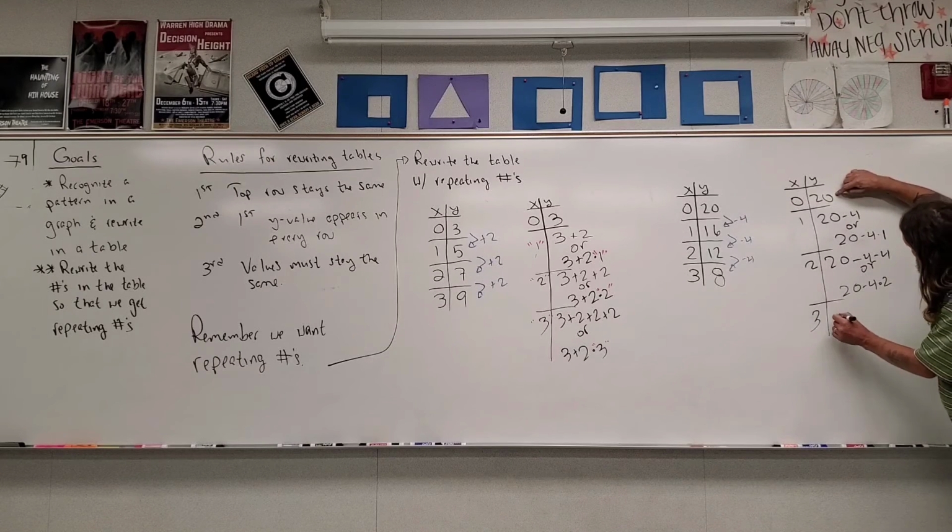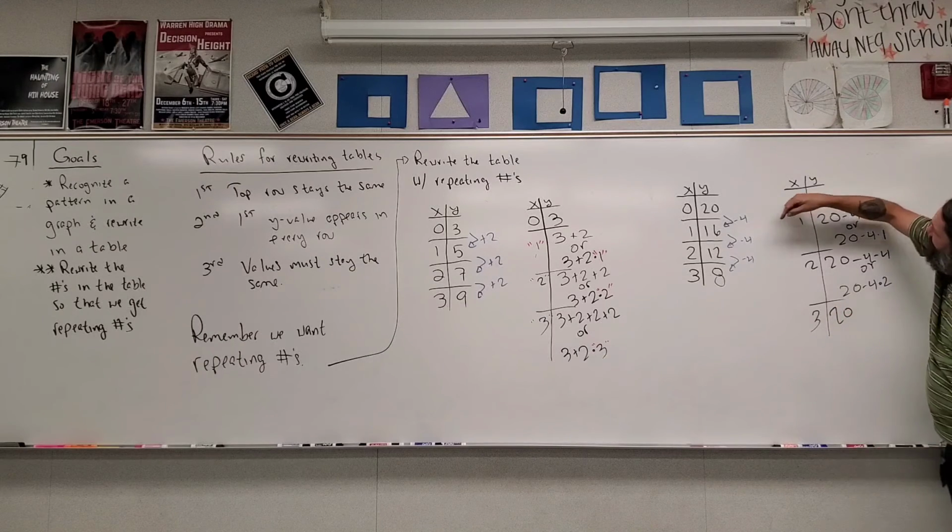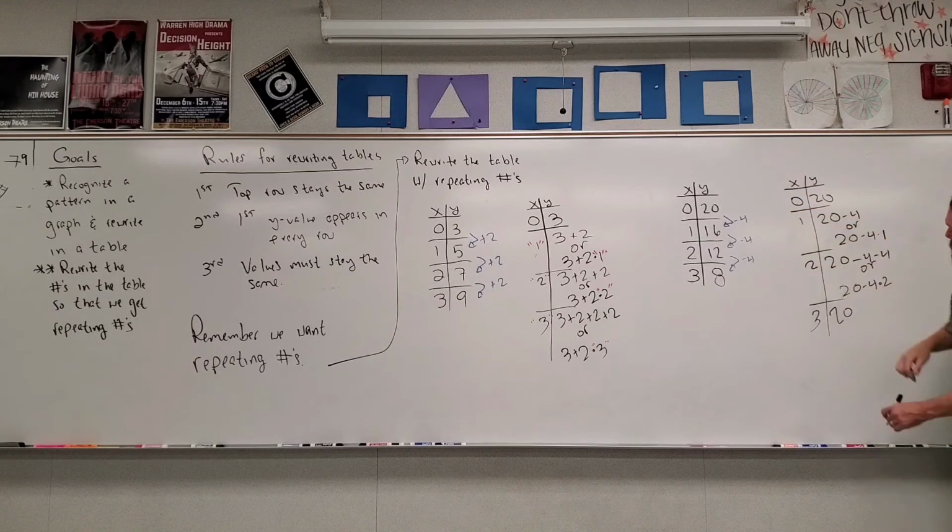And the way that I get the value 8 using the number 20 is I take away 3 4's. So 20 minus 4 minus 4 minus 4, which I could rewrite as 20 minus 4 times 3. And again, I want to highlight the repeating numbers, because this is what we need.